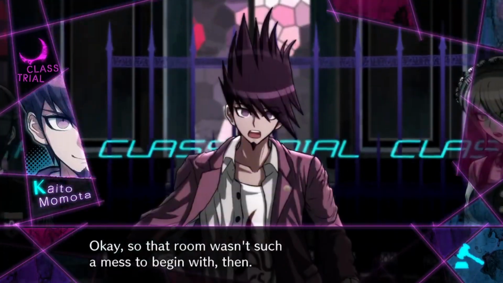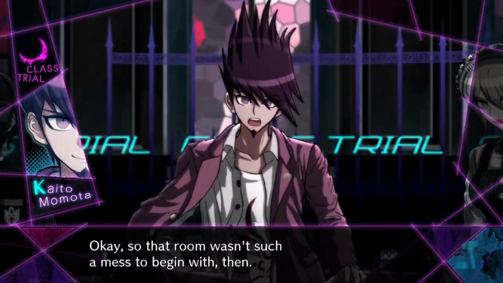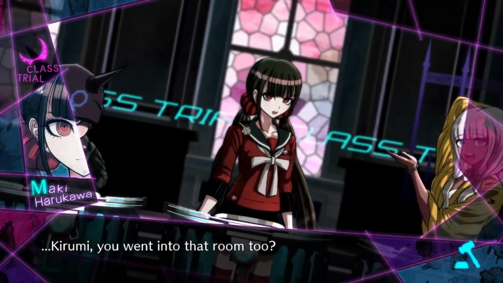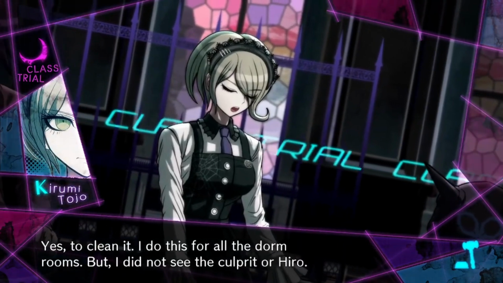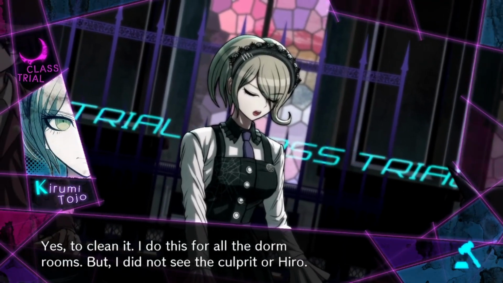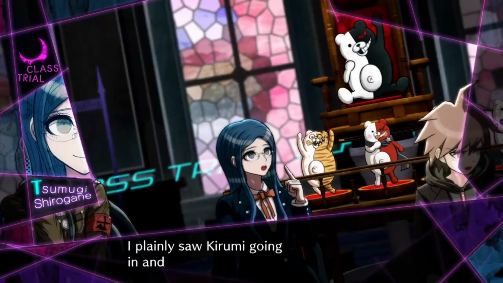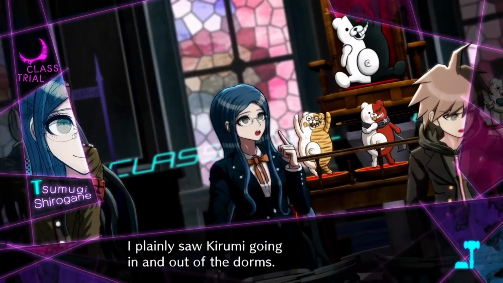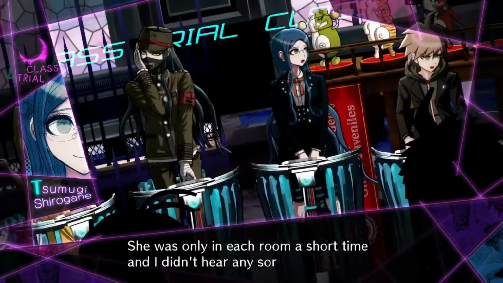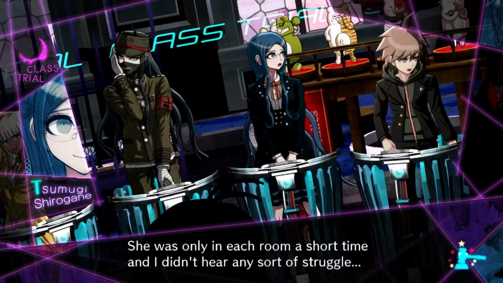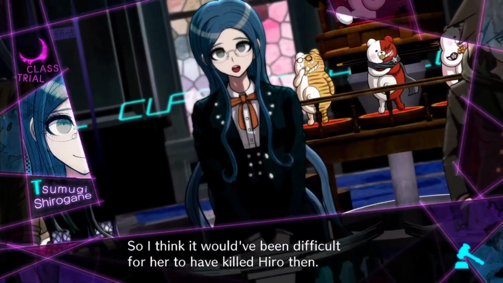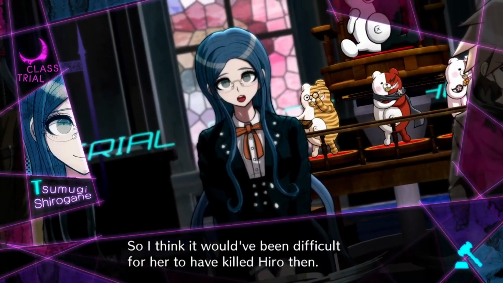Okay, so that room wasn't such a mess to begin with then. Kirumi, you went into that room too? Yes, to clean it. I do this for all the dorm rooms. But I did not see the culprit or Hiro. I plainly saw Kirumi going in and out of the dorms. She was only in each room a short time, and I didn't hear any sort of struggle. So I think it would have been difficult for her to have killed Hiro then.